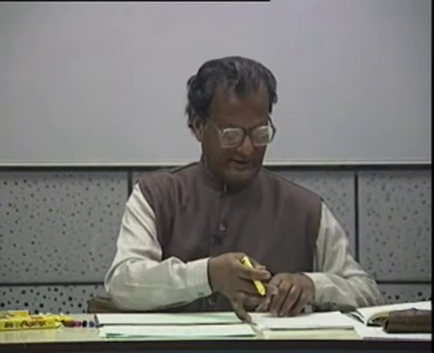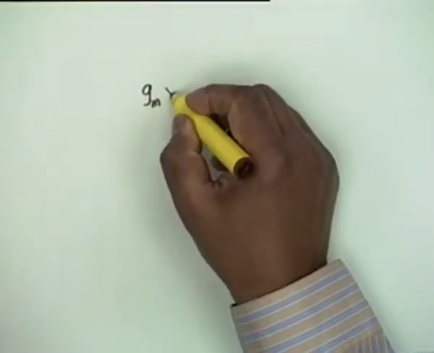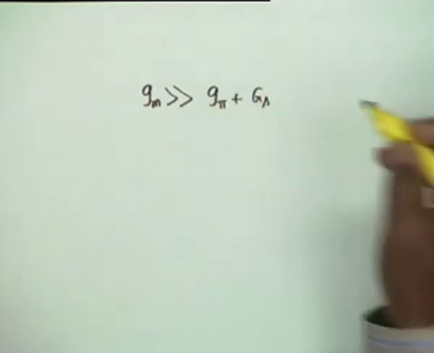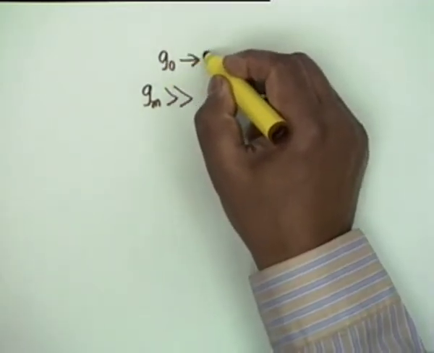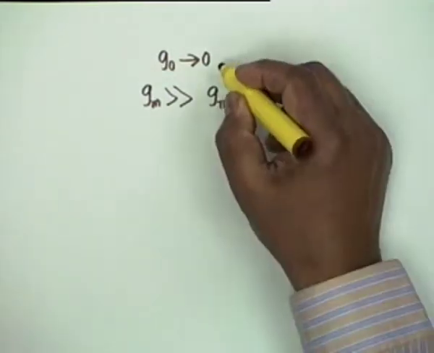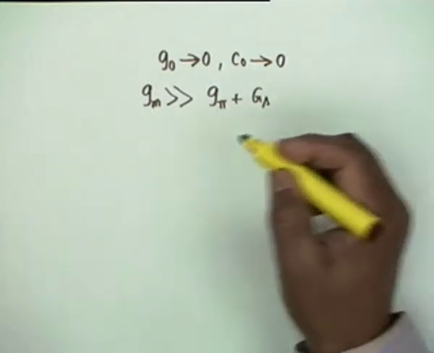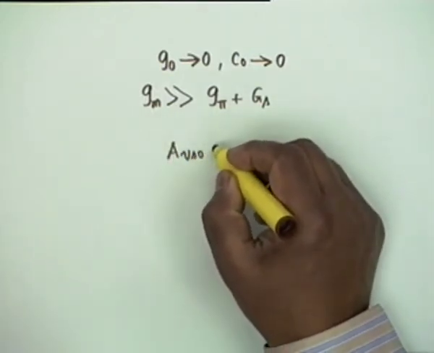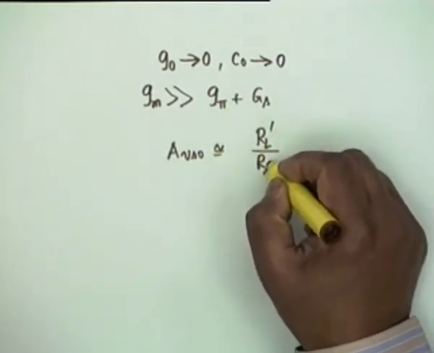So I will not carry this further, I will simply give you the approximate result. That is, if I assume Gn is much greater than G pi plus Gs, and if G0 is assumed to tend to 0 and C0 assumed to tend to 0, then AVS0 is approximately equal to RL prime by RS.